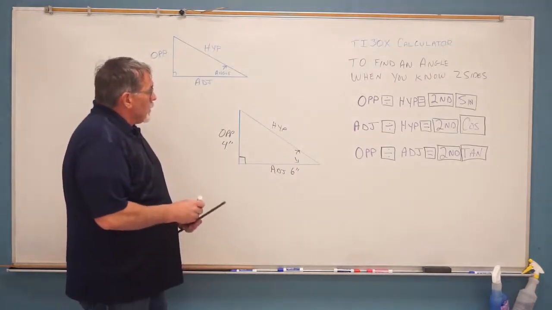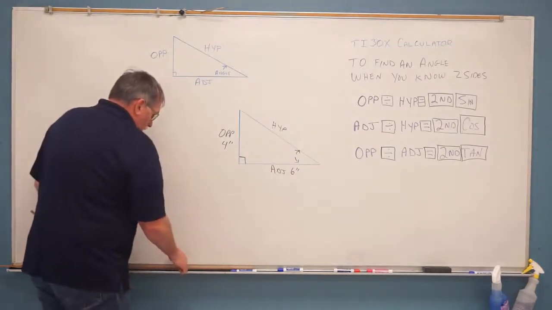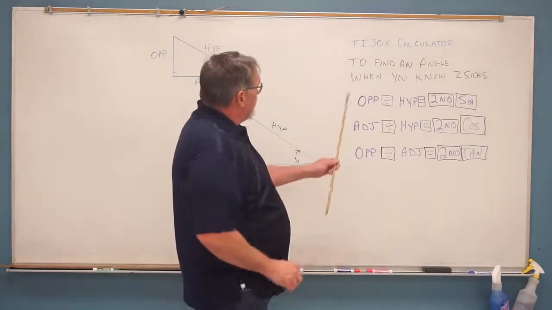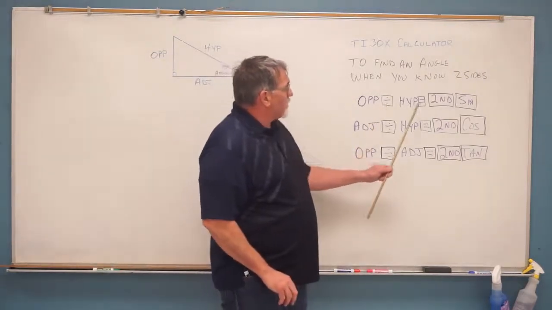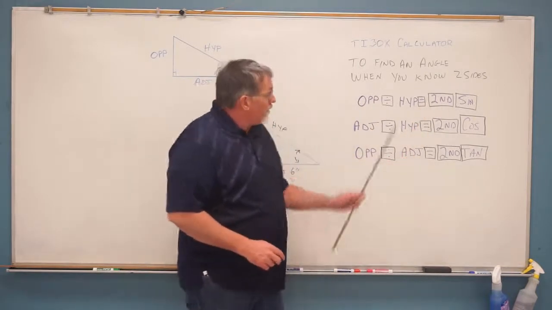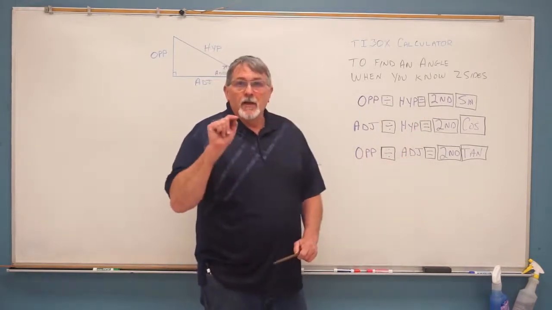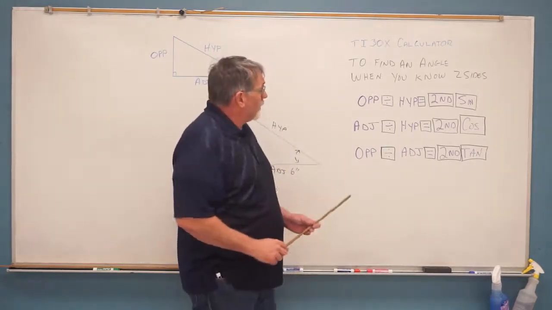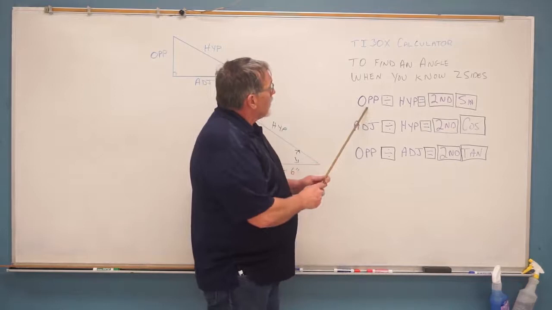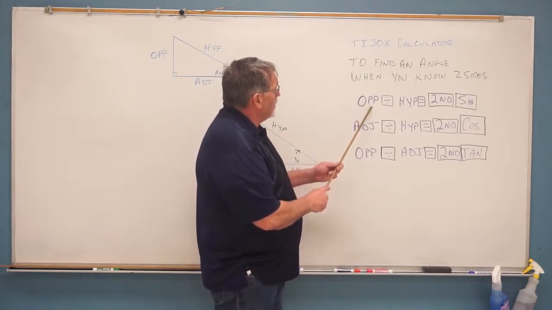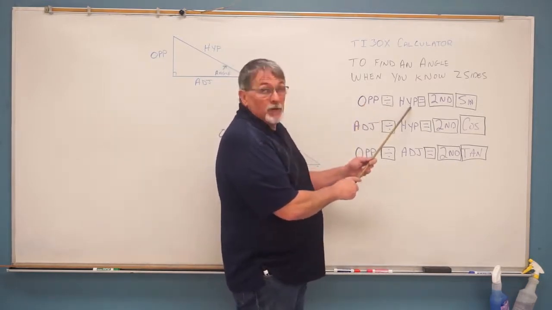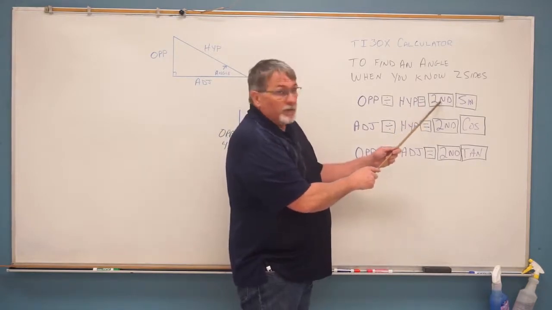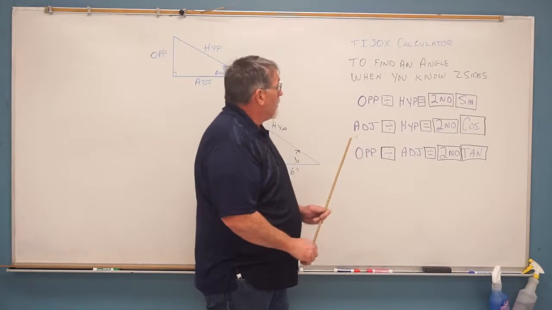Okay? So let's come over and look at our formulas. These are the 3 formulas you need. And you'll notice I put some black boxes around certain symbols. Those black boxes represent the physical button that you're going to push on your TI-30 calculator. So this first one says the opposite divided by the hypotenuse will equal, we have to hit the second button and then the sine button.